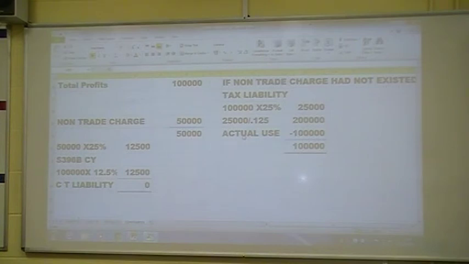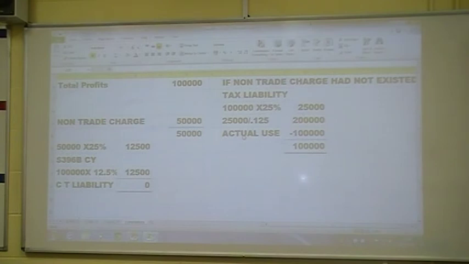So page 3 is a terminal loss. When a company ceases trading and sustains a loss in a trade in the last 12 months, the company may claim to have the loss carried back against income from the same trade in accounting periods falling within 3 years preceding the last 12 months.